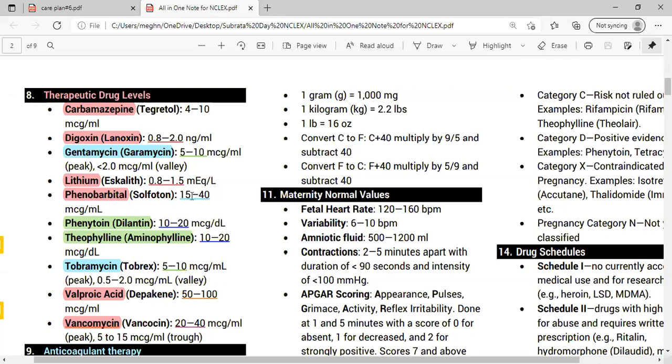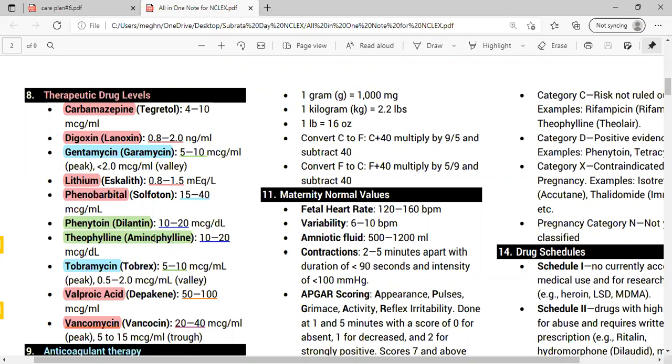Phenobarbital, 15 to 40 micrograms per dl. Phenytoin is a drug for seizures, other name Dilantin, 10 to 20 micrograms per dl. And theophylline or aminophylline, we use as a bronchodilator, 10 to 20.